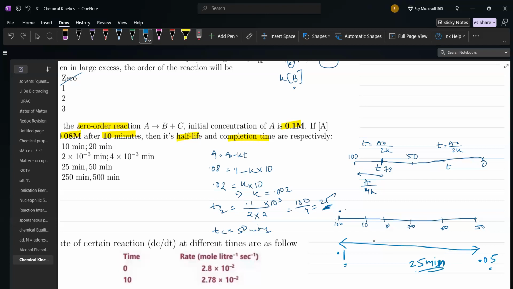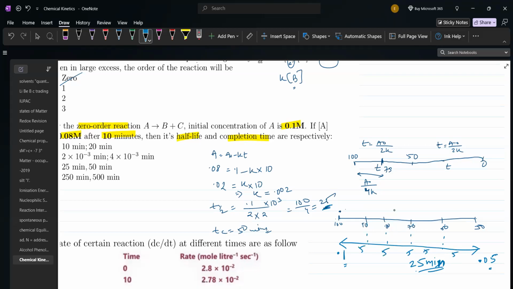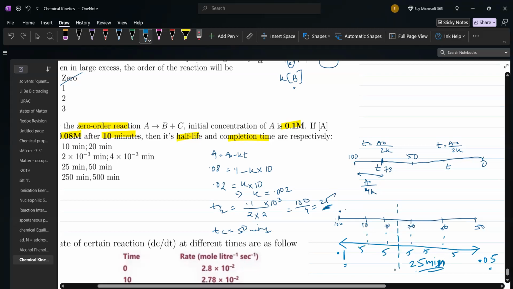So divide this in 5 parts. If you divide in these 5 parts, you can say that in every 5 minutes there is a division. Okay, for exactly in between, the concentration will be 0.75, right?